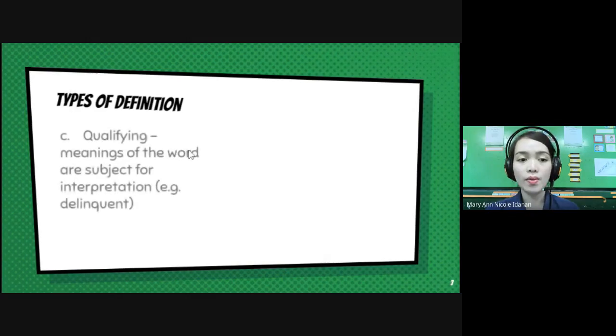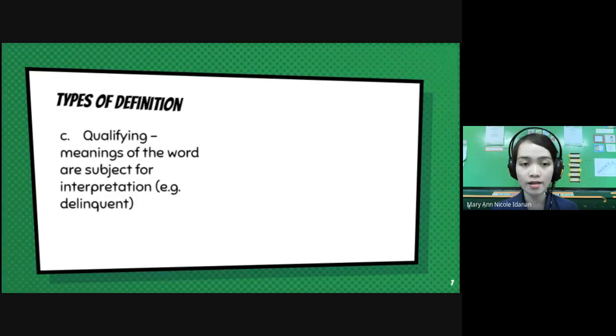Next, we also have qualifying. So the meanings of the word are subject to interpretation. When we say subject to interpretation, it is open to be interpreted by anyone. Okay, so for example, the word delinquent. So the word delinquent has a broad meaning. As I have searched about it, it can be an adjective which tells that it is misbehavior or misbehaving, or an act that is susceptible to crime or lawlessness.